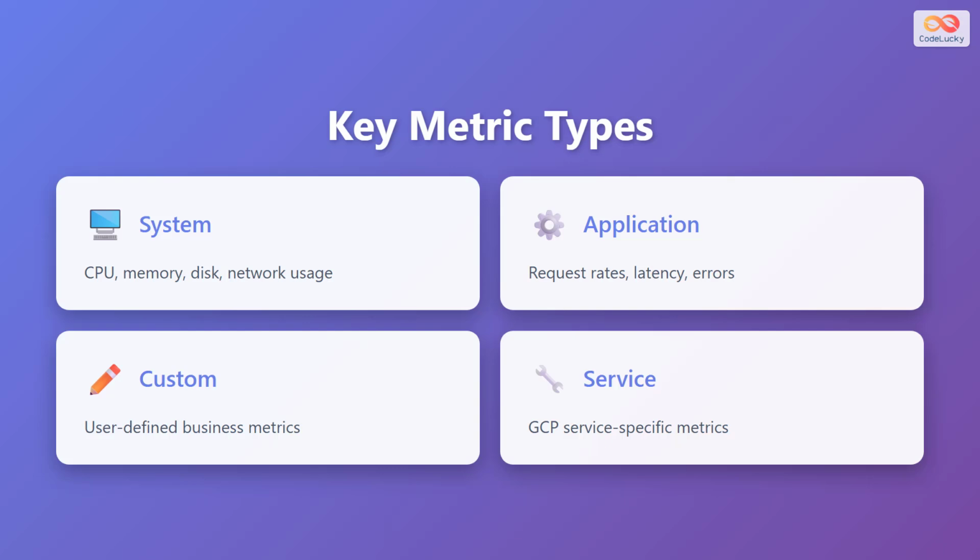Custom metrics are user-defined measurements specific to your business needs. For example, you might track the number of orders processed, items in a shopping cart, or any other business-specific indicators that matter to your organization. Finally, service metrics are automatically collected from Google Cloud Platform services, providing insights into managed services like Cloud SQL, Cloud Storage, and Cloud Functions without requiring any instrumentation on your part.